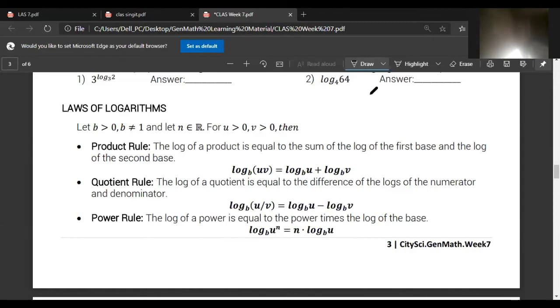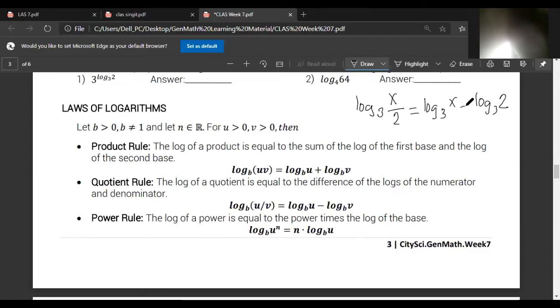Example, we have the logarithm of x over 2 with the base 3. When we are about to apply the quotient rule, it can be written as logarithm of x to the base 3 minus logarithm of 2 to the base 3.